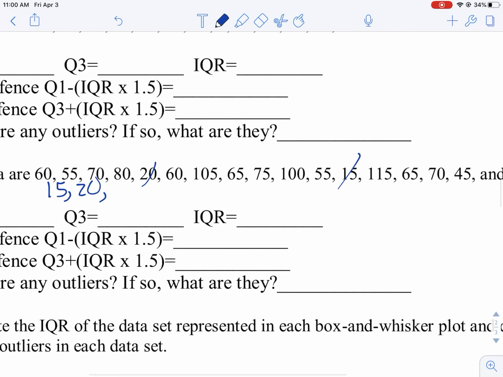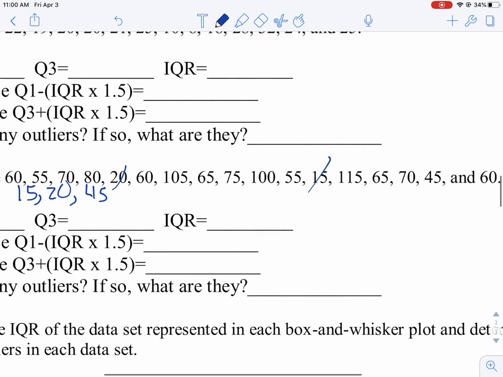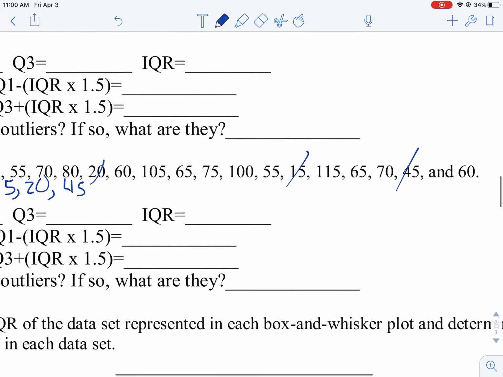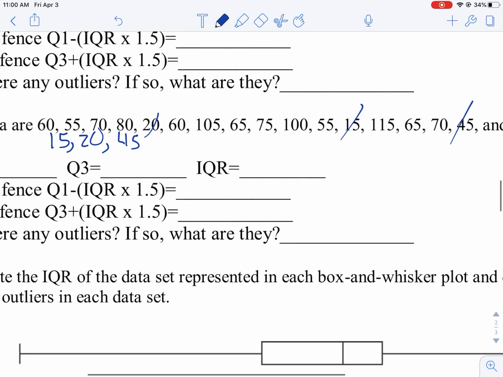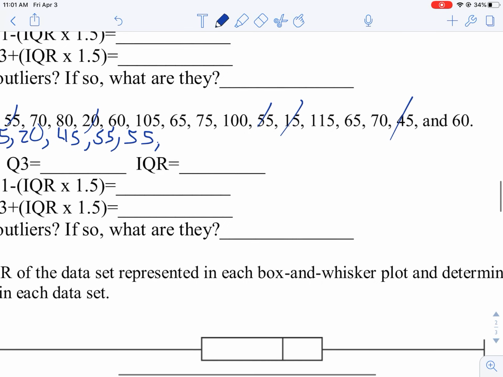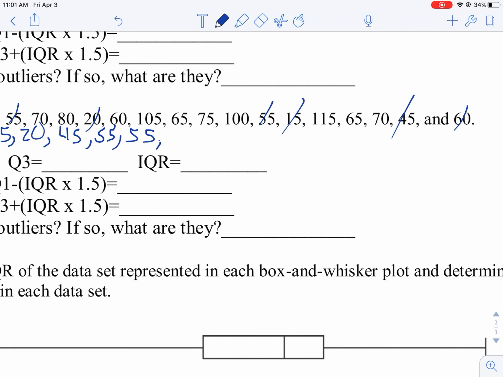We're going to skip all the way to, it looks like 45. And then we have 55 a couple of times. So 55, 55. 60 a couple of times.